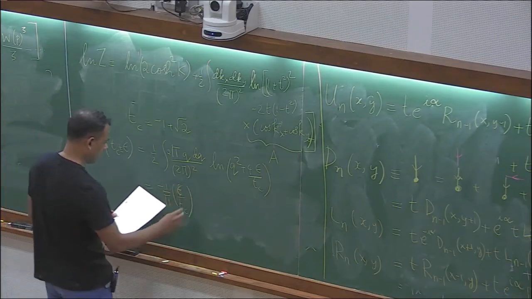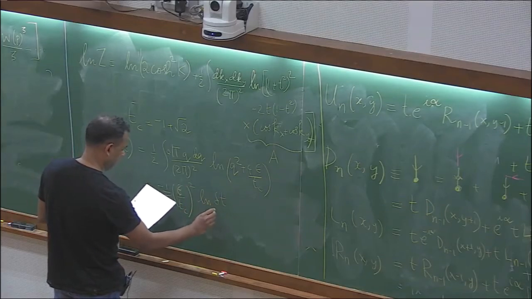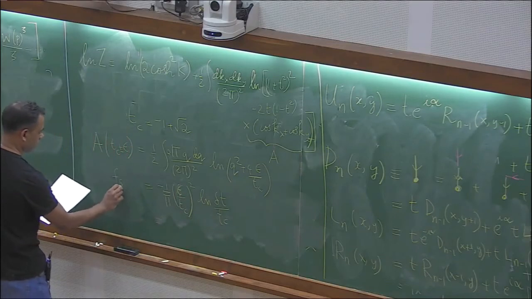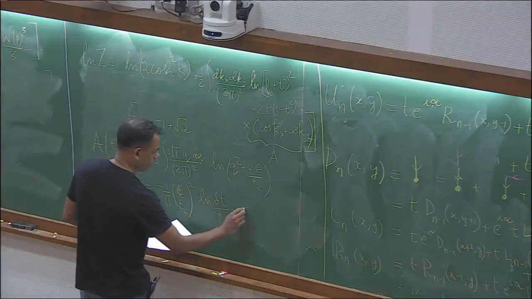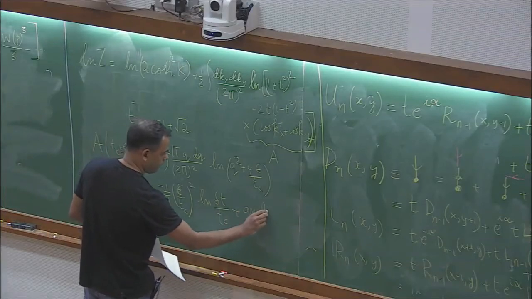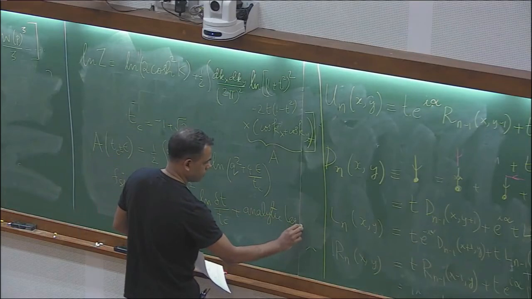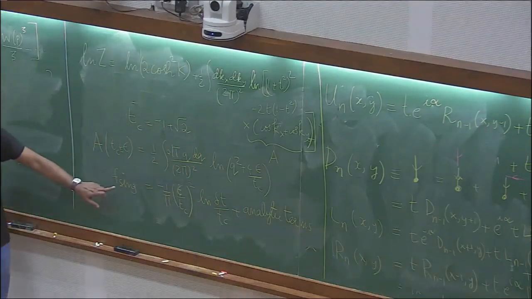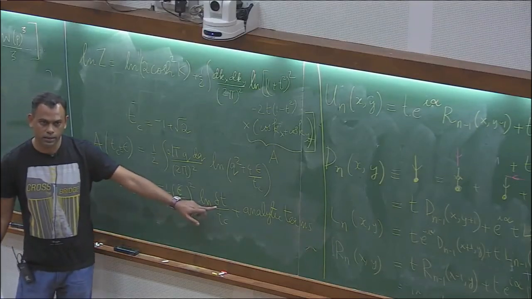I just want to give the last answer. Log delta t by TC. This is my F singular. So near the TC, the singularity is a log delta t.